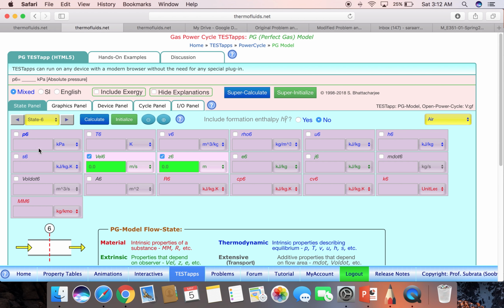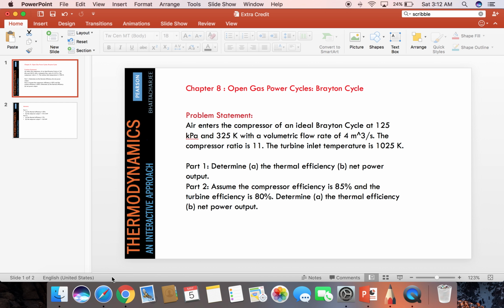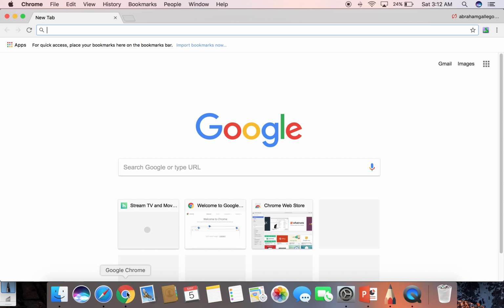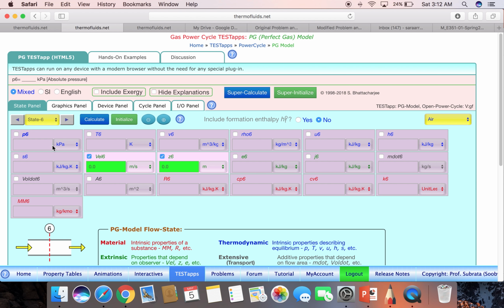Then we deal with our state 6. Now we're dealing with the actual turbine state, and we can calculate temperature 6 using this equation here, because they gave us the efficiency of the turbine. We know that the pressure is equal to P1, and m dot is constant.